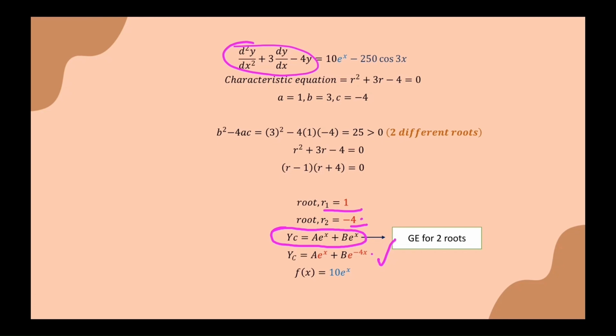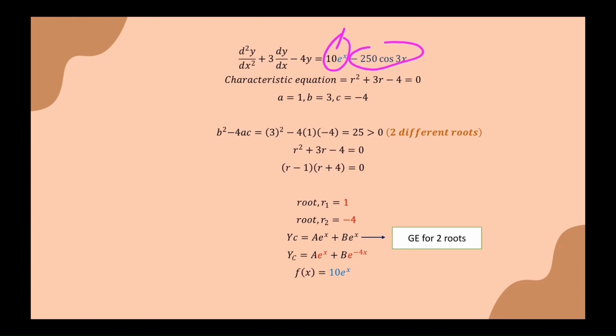Now because we have determined yc, we are going to move to the next part of this question, which is determining the general equation for the coefficients. As you can see here, we have two terms, which are e to the power of x and also negative 1250 cos 3x.